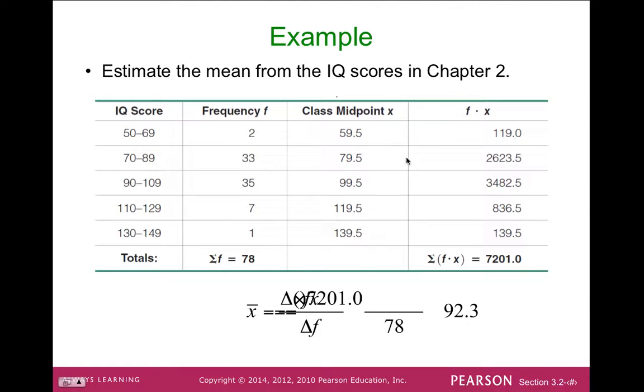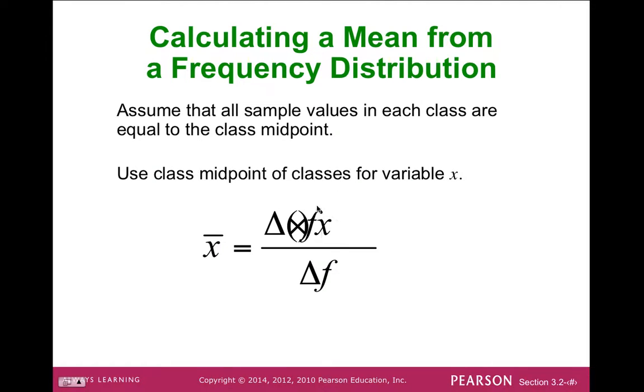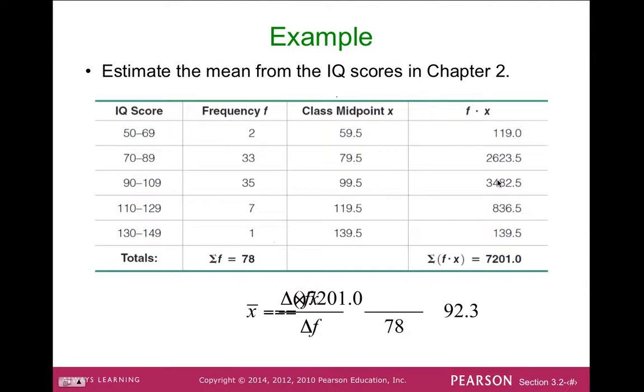So you can see that that midpoint then is the x in our equation. So if we multiply across the table the frequency times our midpoint, or our f times our x, we can get a value over here. And when we look at the equation that we're going to be using, which needs f times x to solve, it's actually going to give us that number. So if we go through and we do our f times x for each class, we get a number.